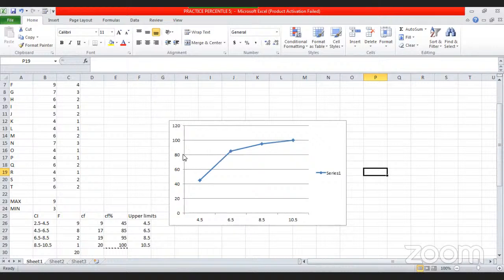The 80% is here. You have to draw a line from this point to the x-axis. So it will be below 6.5, I think, because 6.5 is 85. And if it is 80, it will be below 6.5. Is it clear?